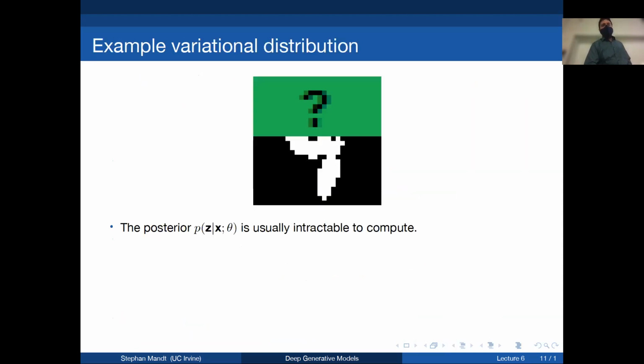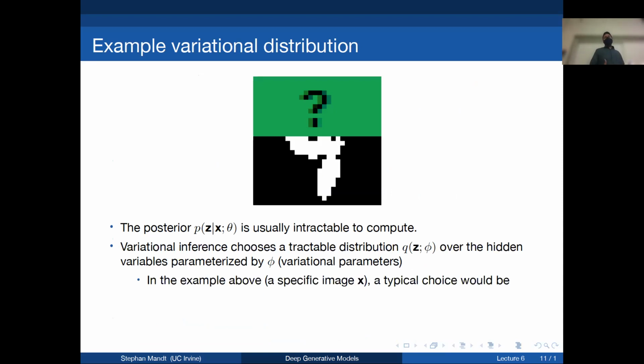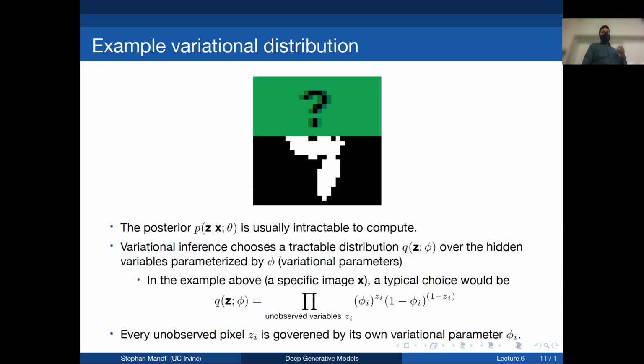We also talked about variational distributions over images. This typically amounts to making a choice of which Q distribution I pick. For image completion, for a given specific image x, a typical choice is to say that the variational distribution factorizes over all image dimensions, in particular over the occluded pixels, so over all unobserved variables z_i, and to model them as a Bernoulli distribution.